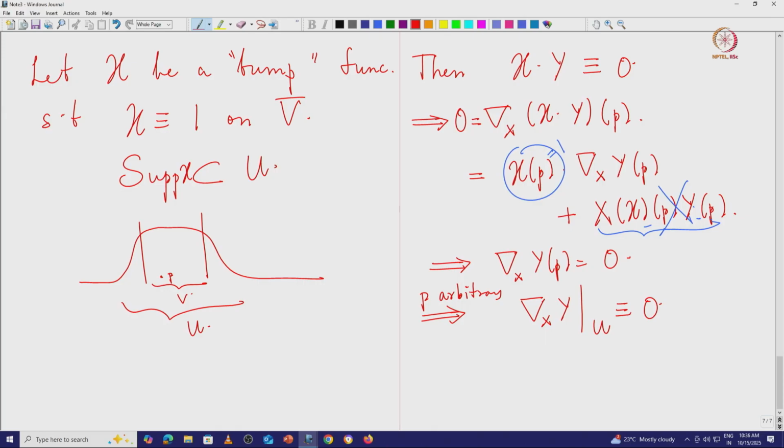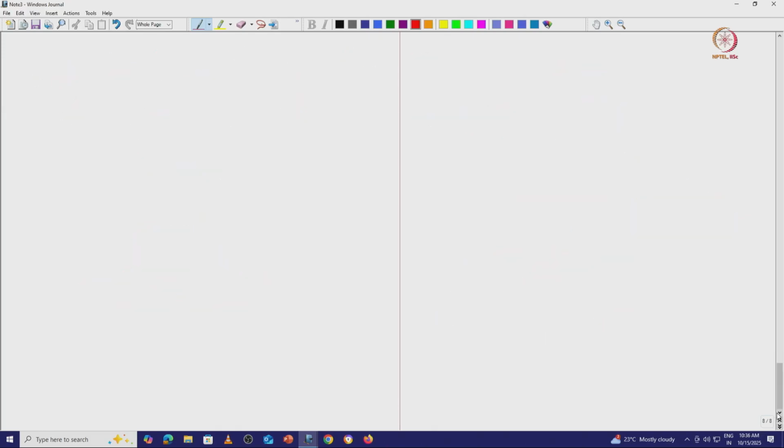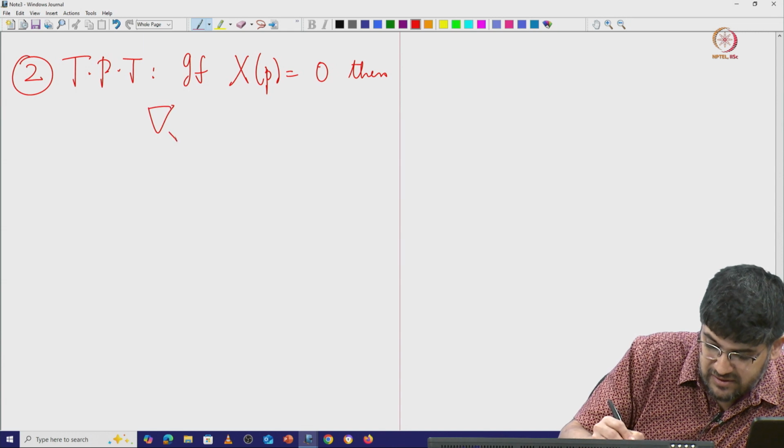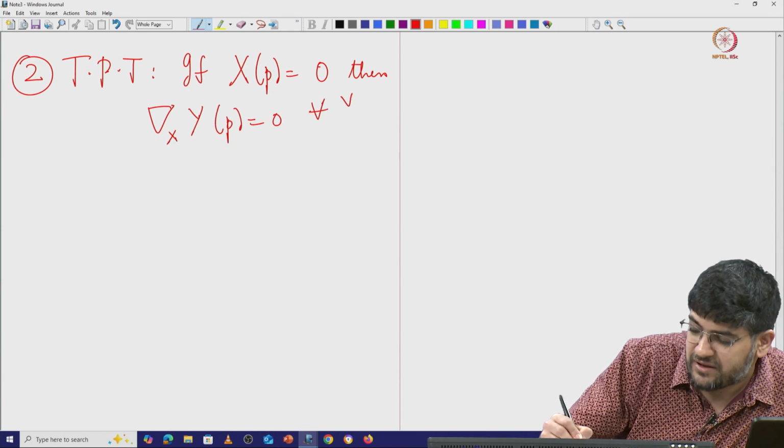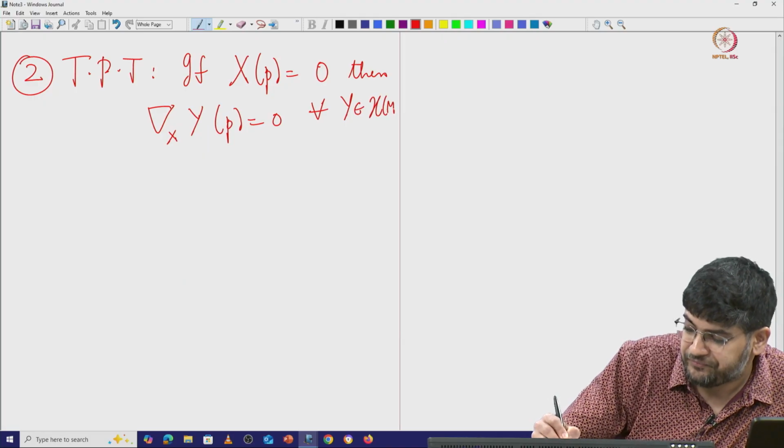Okay, now let me quickly prove the second part. So again it's enough to prove the following, that if x of p is 0, then this is 0 for all vector fields y, okay.